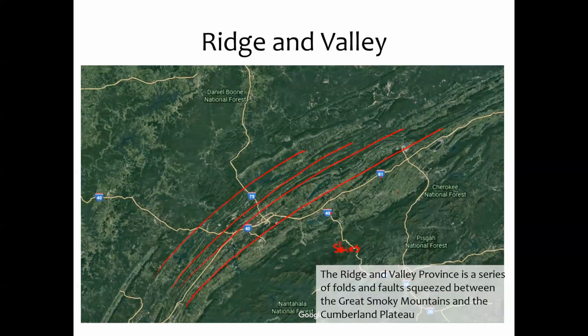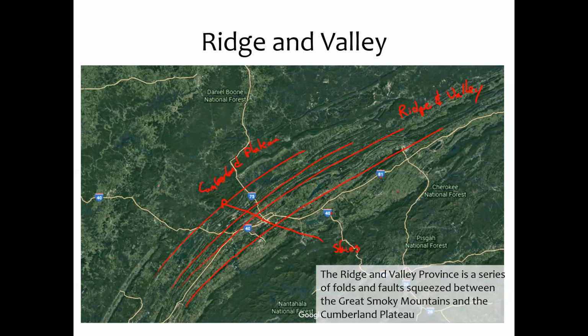This is what's called the Ridge and Valley province, and it extends in our area from the Smokies in the east all the way to the Cumberland Plateau in the west, where you no longer see those same sets of hills being all parallel to one another.